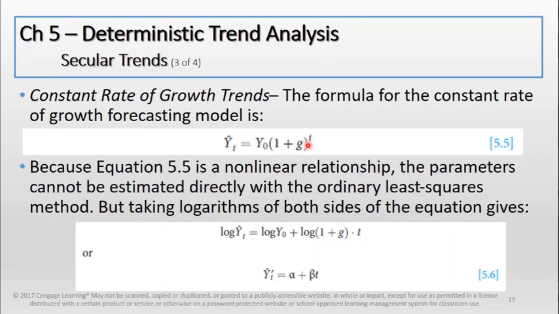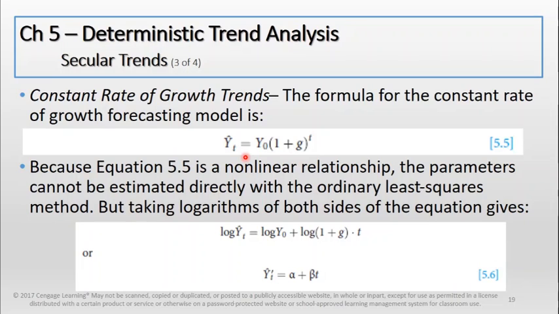So the predicted value of the time series in the period T is equal to the initial value of the series, or your y0, compounded at the growth rate of G for T periods. This formula is just like the one you use when computing for the present value factor, di ba?